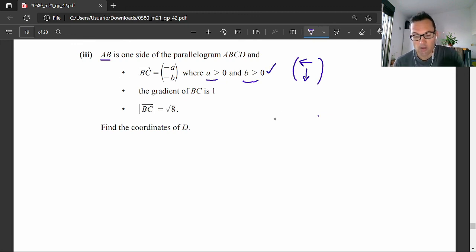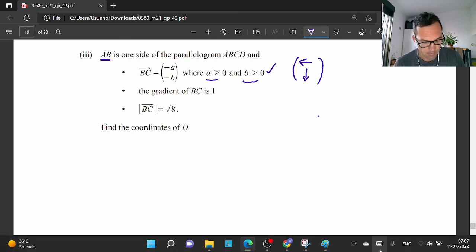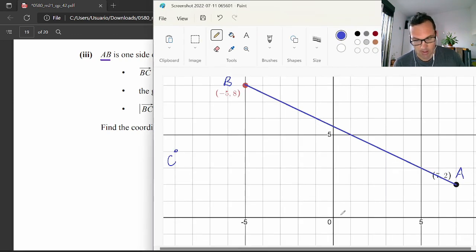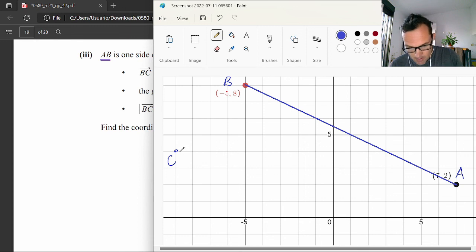The gradient of BC is 1. So what does that mean? Let's look on the diagram. Gradient means the rise over the run, meaning how much we go to the side and how much we go up. It means the amount we go to the right and up will be the same.